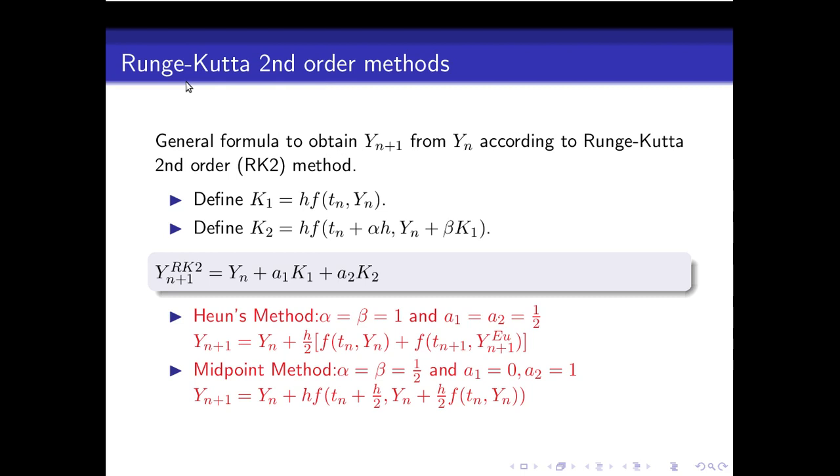And this Runge-Kutta second order method must be consistent up to Taylor series second order expansion. We will see that explicitly. But there is a general formalism of the Runge-Kutta second order method, which we often call RK2.